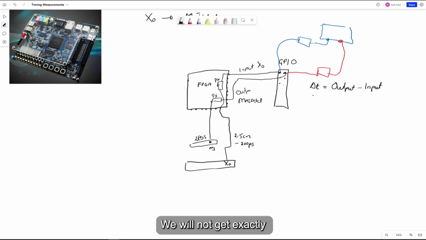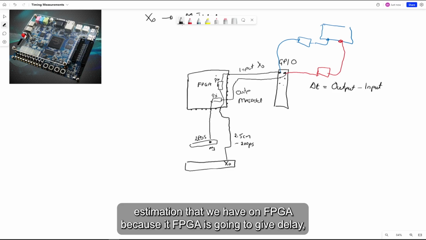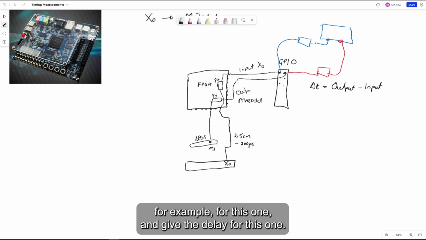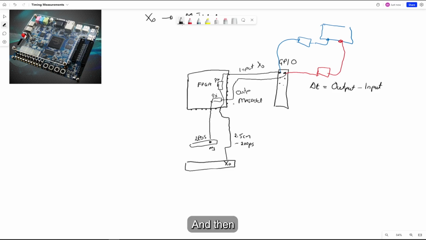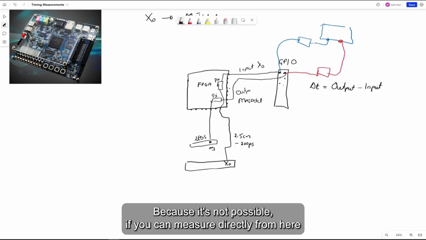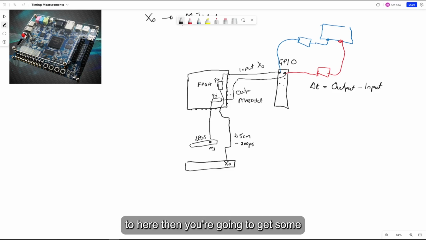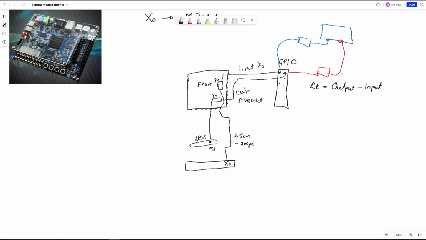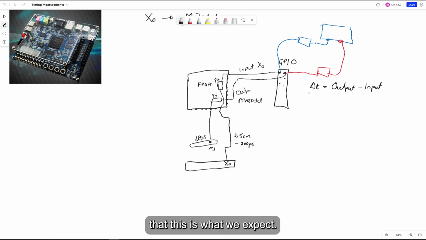We will not get exactly the estimation that we have on the FPGA, because the FPGA is going to give a delay for this one, and a delay for this one, and then we need to take the difference. If we could measure directly from here to here, we would get the actual delay. But we need to keep in mind that this is what we expect.